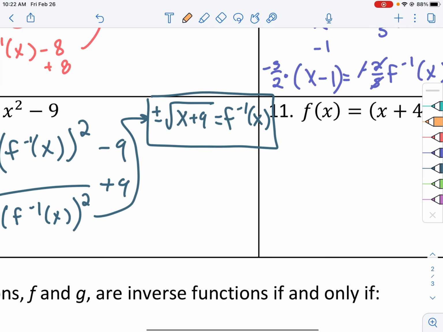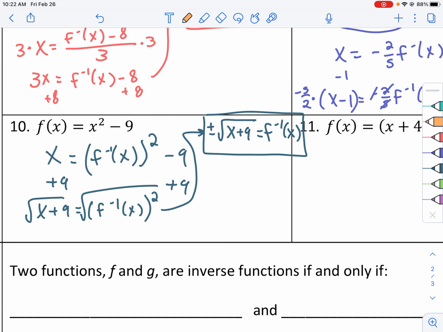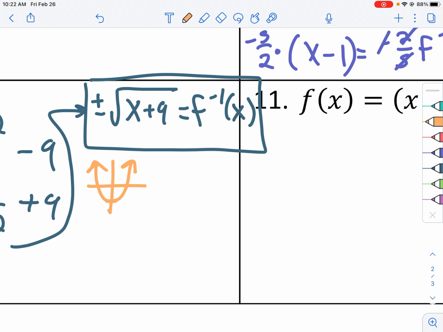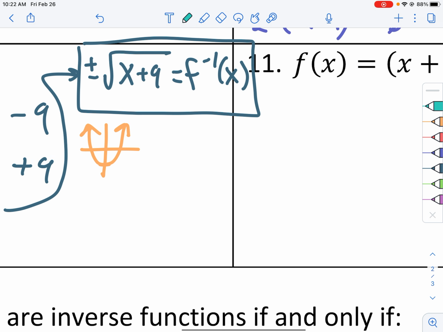So, what does this one look like? Let's talk about it. The first function, the original function, x squared minus 9, looks like a quadratic. The next function is the square root of x plus 9. So the next function has shifted to the left, so we're over here.